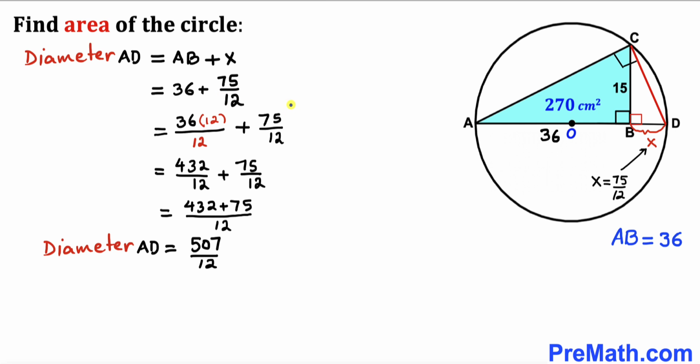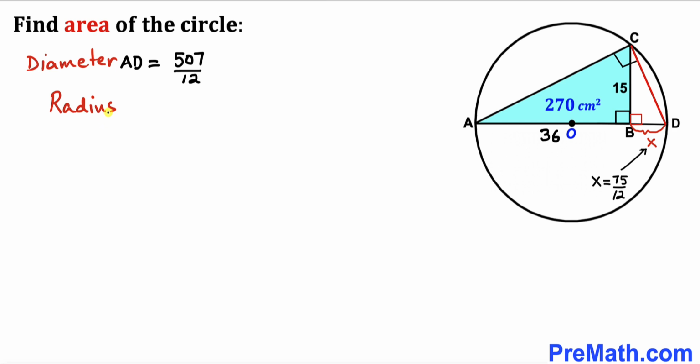I have multiplied this 36 by 12 and divided by 12 as well to get the common denominator 12. So we got 432 divided by 12 plus 75 divided by 12. If we add these numbers on the top, we got 507 divided by 12. So our diameter AD turns out to be 507 divided by 12.